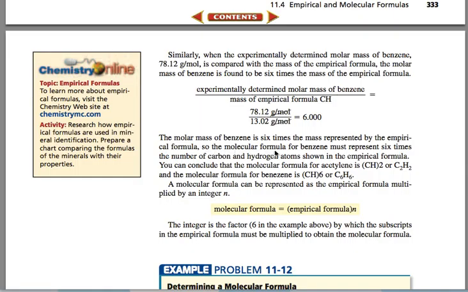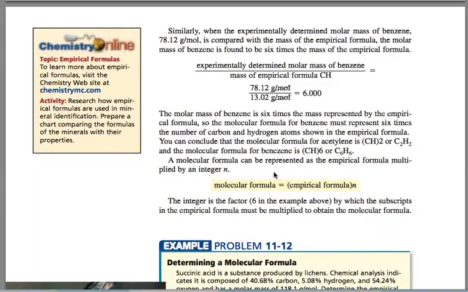So the molecular formula for benzene must represent 6 times the number of carbon and hydrogen atoms shown in the empirical formula. So you can conclude that the molecular formula for acetylene is C2H2, and the molecular formula for benzene is C6H6.